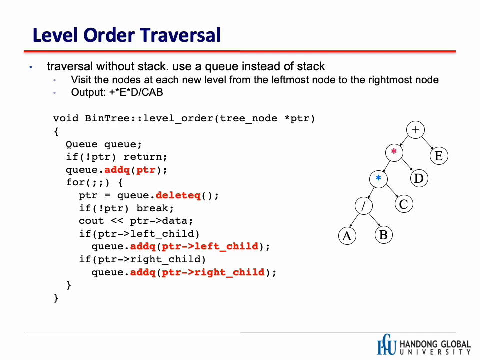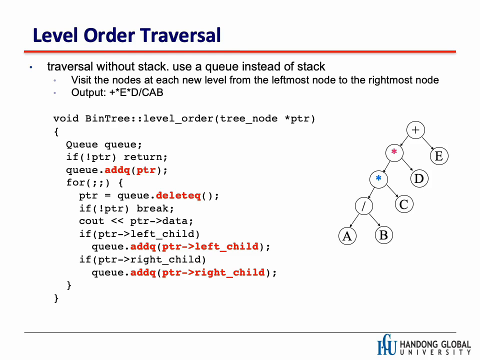Now we printed out plus and star, and in our queue we have E star D. Again, we have the pointers in the queue: pointers to E, star and D. Now when we delete, we get the pointer to E. We print out E, and the left child and right child of E are null, so we don't add anything, and we go back to the top of the for loop.